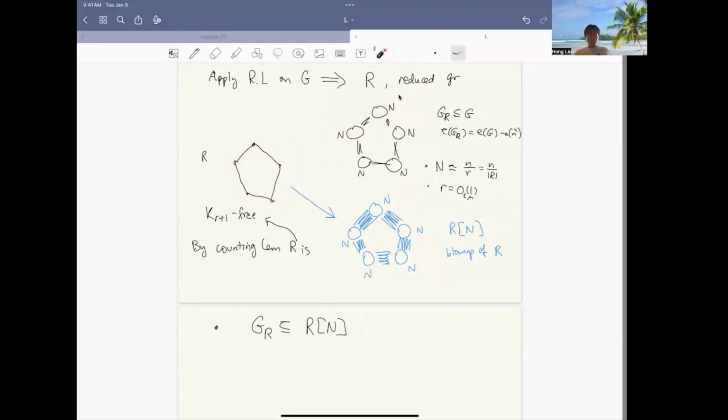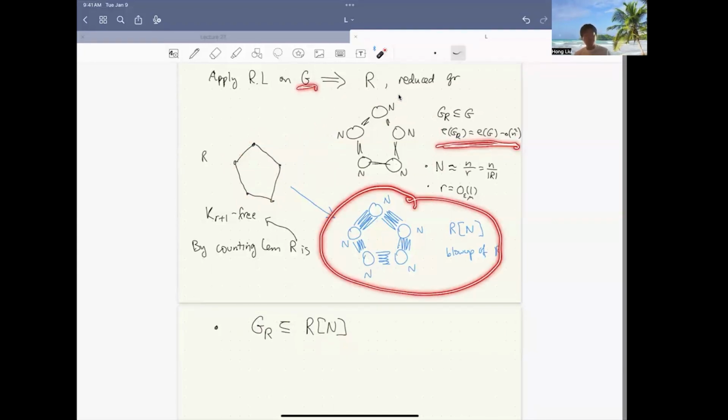And what does that mean? That means this blow-up of R is like a container containing almost all of G. So almost the whole graph G is contained inside this container. Okay, let me write it down.